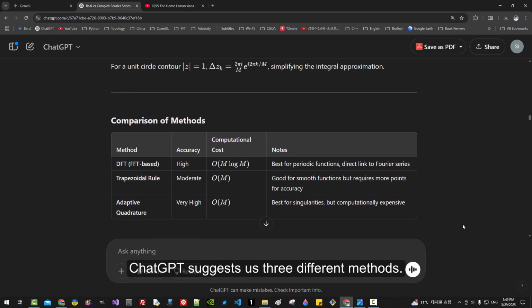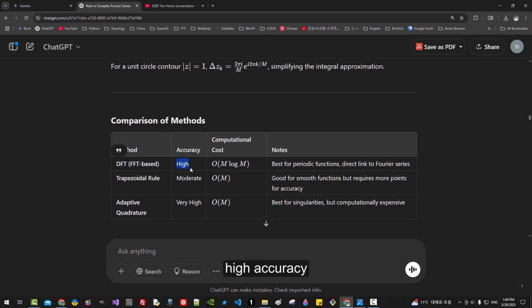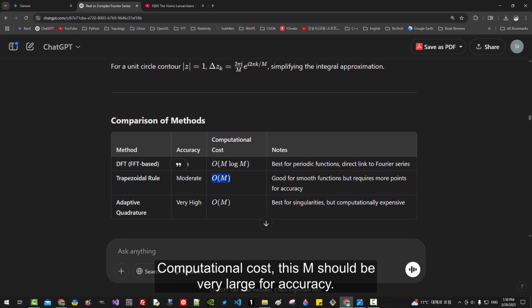ChatGPT suggests three different methods: DFT, or discrete Fourier transform, with high accuracy and extremely efficient computational cost. Then the trapezoidal rule, with moderate accuracy; this m should be very large for accuracy.